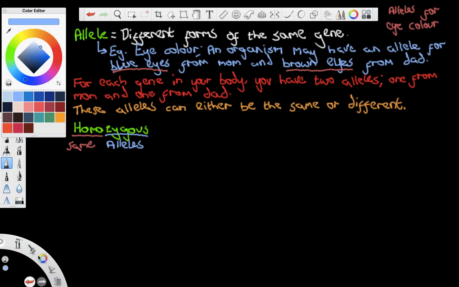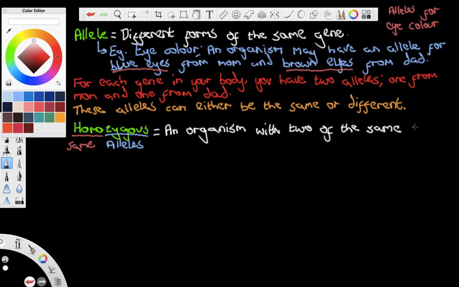So organisms that are homozygous can be defined as an organism with two of the same alleles for a particular gene.